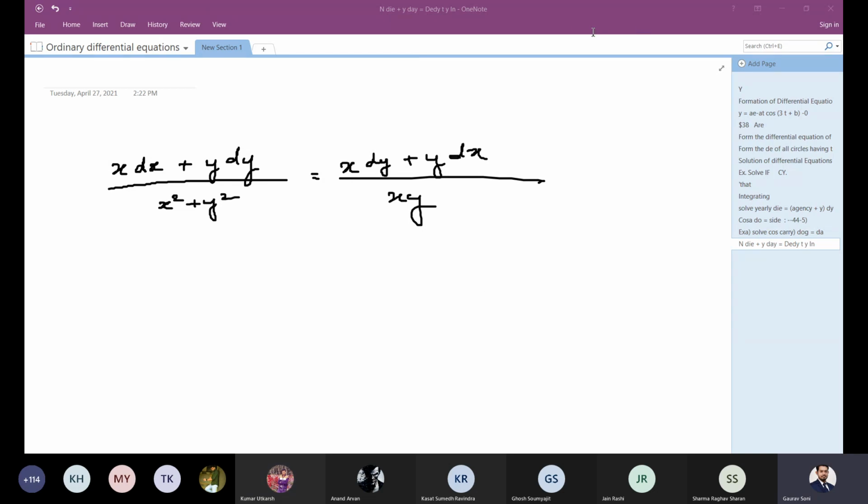Any other idea? Is it right or wrong? We can substitute y is equal to ux. Sir, answer: 1 upon 2x square equals 1 upon 2y square plus c.